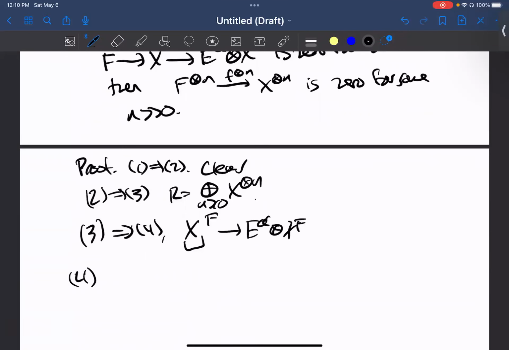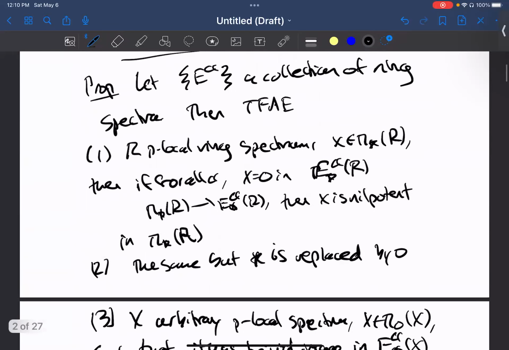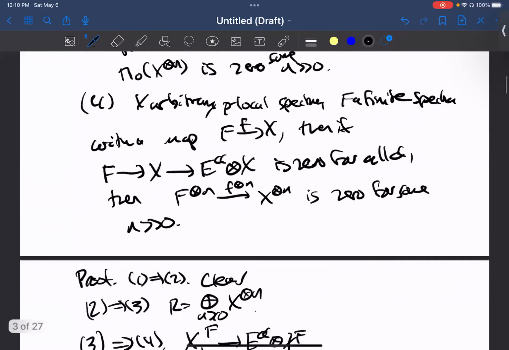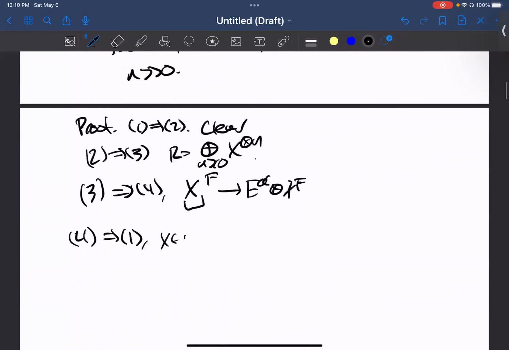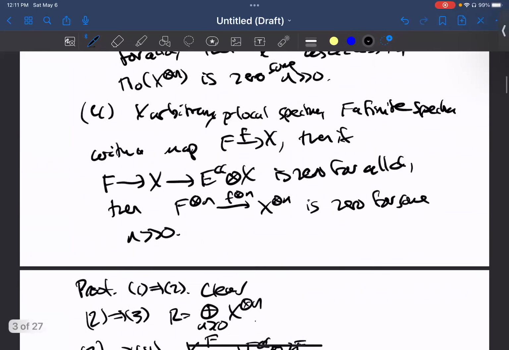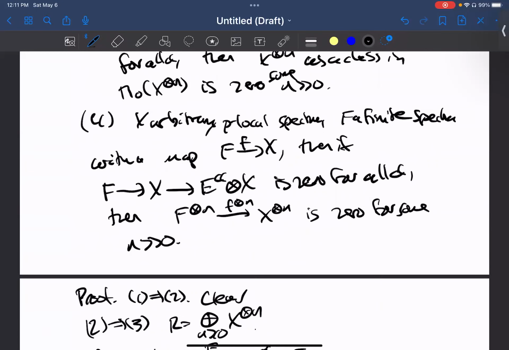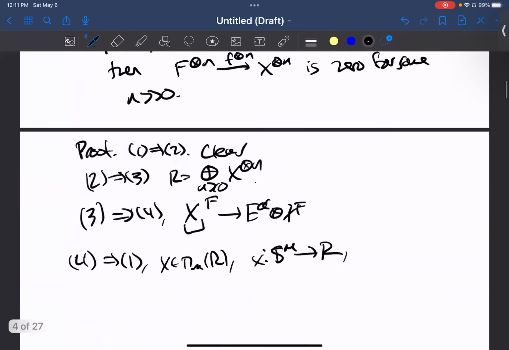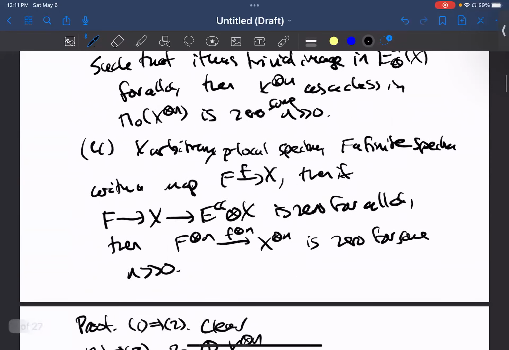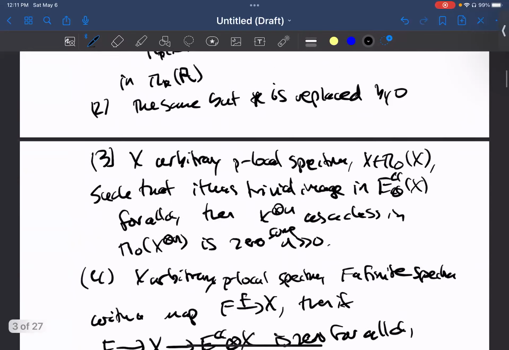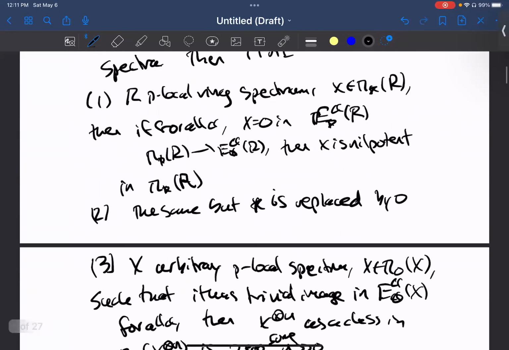And for 4 implies 1, if we're given some class x in pi m of R, then this corresponds to a map from the mth shift of the sphere spectrum to R. And this is going to sit here in condition 4. So 1 and 4 are exactly saying the same thing in their hypotheses.